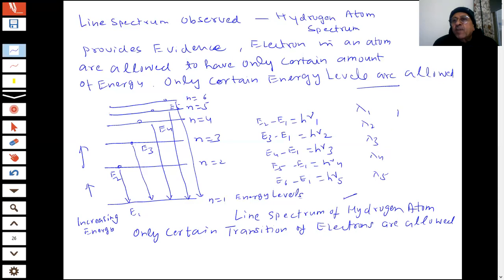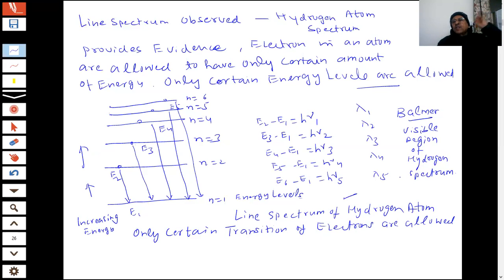Balmer is the scientist who studied the visible region of the hydrogen spectrum. Hydrogen is the simplest atom because it contains only one electron, students. Therefore, this was studied and the results are before us. And we can say that there are energy levels, students, in which the electrons live in the atom.